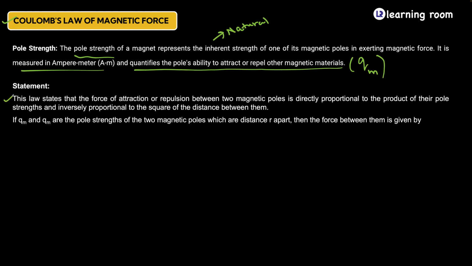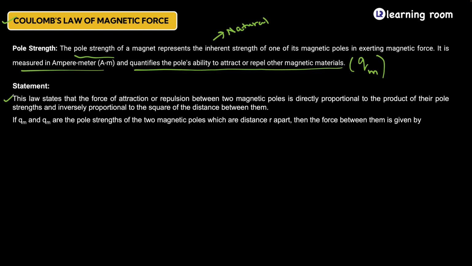This law states that the force of attraction or repulsion between two magnetic poles is directly proportional to the product of their pole strengths and inversely proportional to the square of the distance between them. Almost the same, except that charges are replaced with pole strengths.